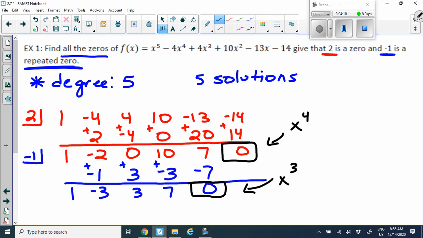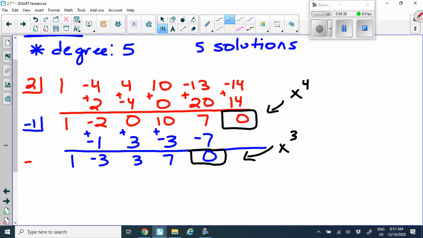We can either factor, or we could use the quadratic formula to solve that quadratic. So when it says -1 is a repeated zero, well, we've done it once. Let's try it again so we can get our polynomial down to a degree of 2.